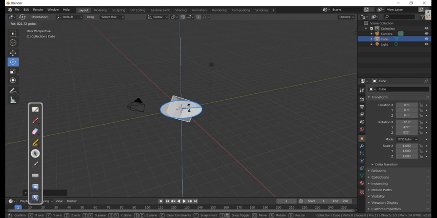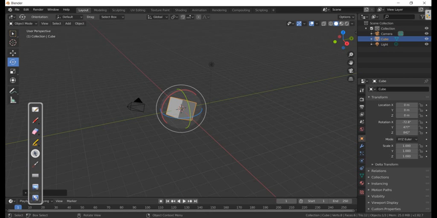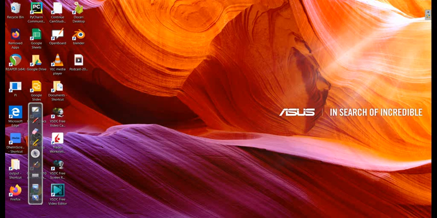So in three dimensions, basically three types of rotations are possible: rotation with respect to the x-axis, then y-axis rotation, and z-axis rotation. So this was a graphical overview of the rotation.